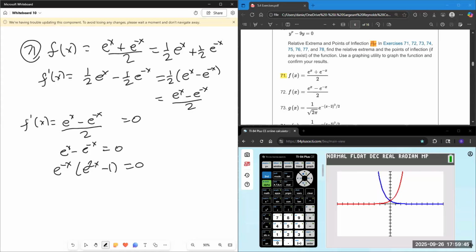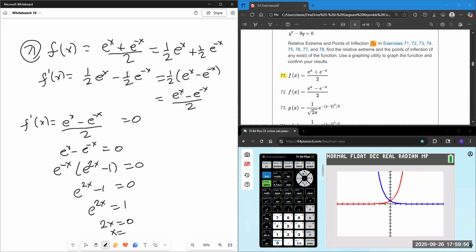E to the negative x is never 0, so I'll let e to the 2x minus 1 equal 0. E to the 2x is equal to 1. 2x is equal to 0. X is equal to 0. This is e to the 0, so I'm setting the exponents equal to each other there, or taking the ln of both sides, whichever you prefer.